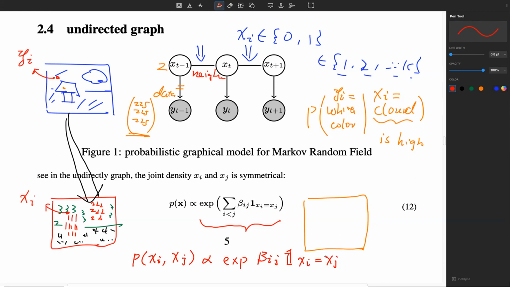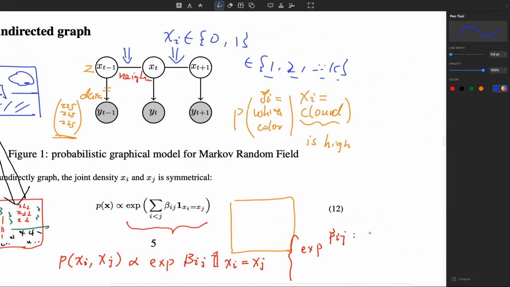So if they're the same, you get exp to the power beta ij. If xi equals xj, that is; if not, what do you get? You get 1, if xi is not equal to xj.